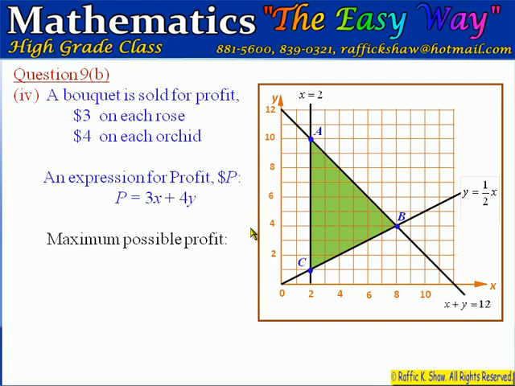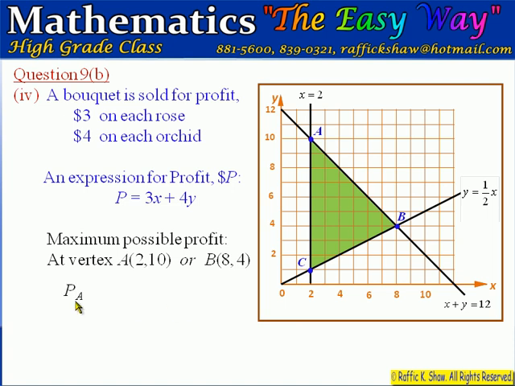The maximum profit will occur at vertex A, which is the point (2, 10), or at vertex B, which is the point (8, 4). And all we have to do is use this profit function, this profit equation, to calculate the profit at A and the profit at B, and then we'll see which of the two will give us the maximum profit.